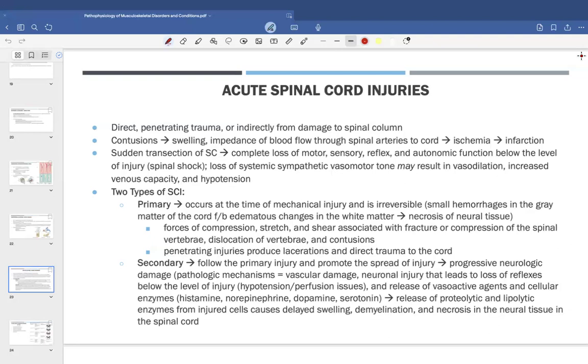What I will say is, in that secondary, realize that when you start having the tissue ischemia or the compression of those vascular supplies, okay, you have endothelial damage, it's going to trigger that same series of events, including the release of proteolytic enzymes and other lipolytic enzymes from the cells that are now dying.